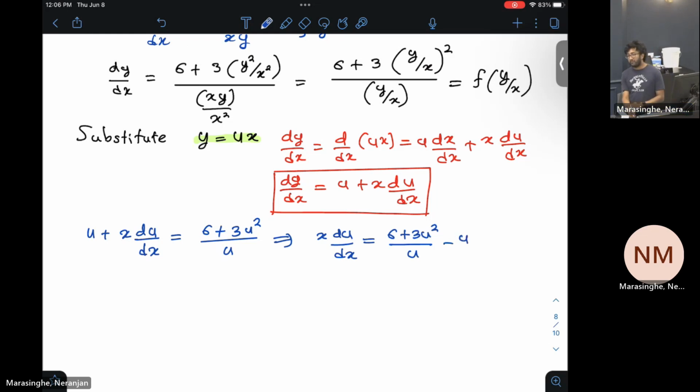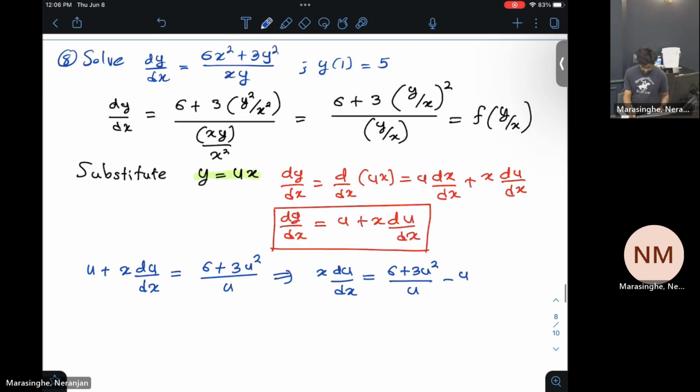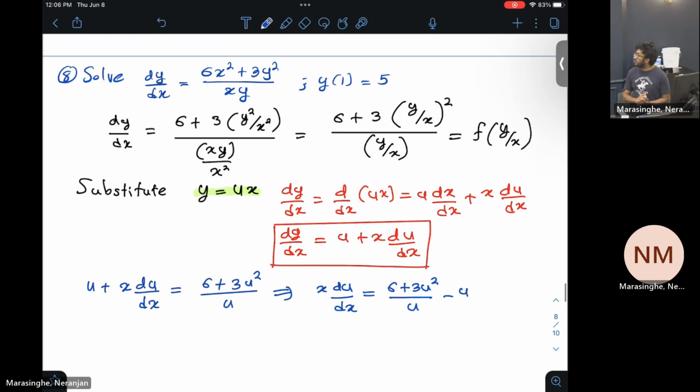Okay. And you try to continue after this point. Then the idea is you have to use the separable method. Okay. Try to separate u and x.